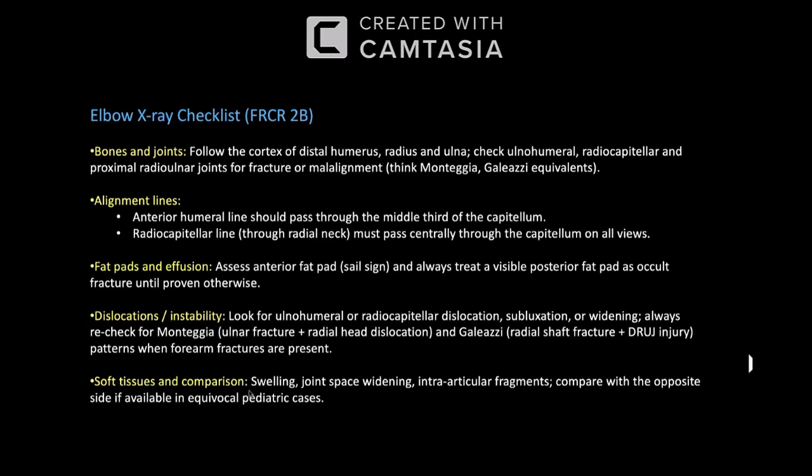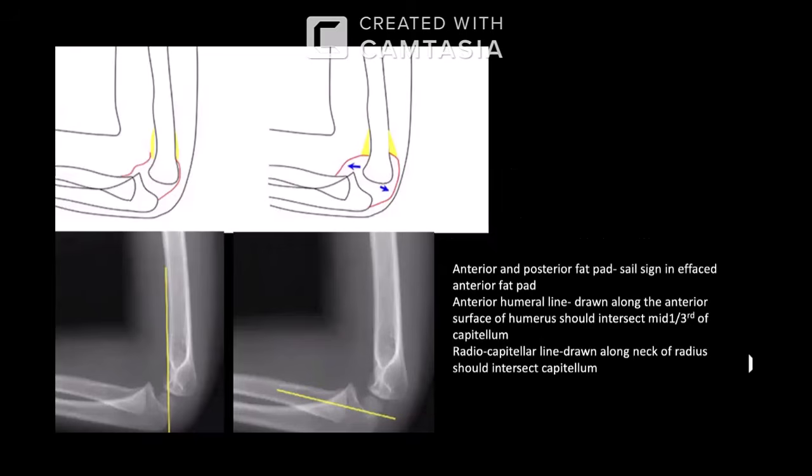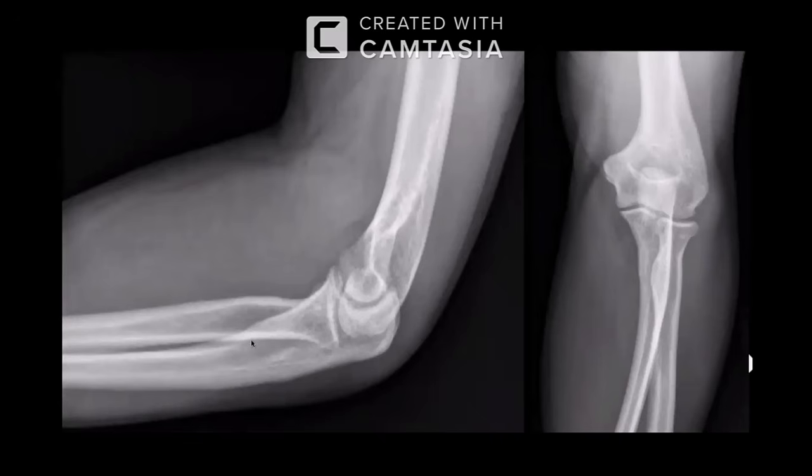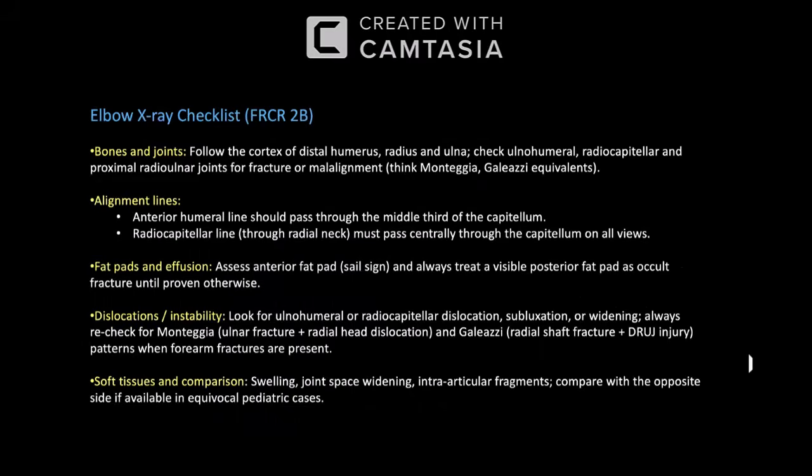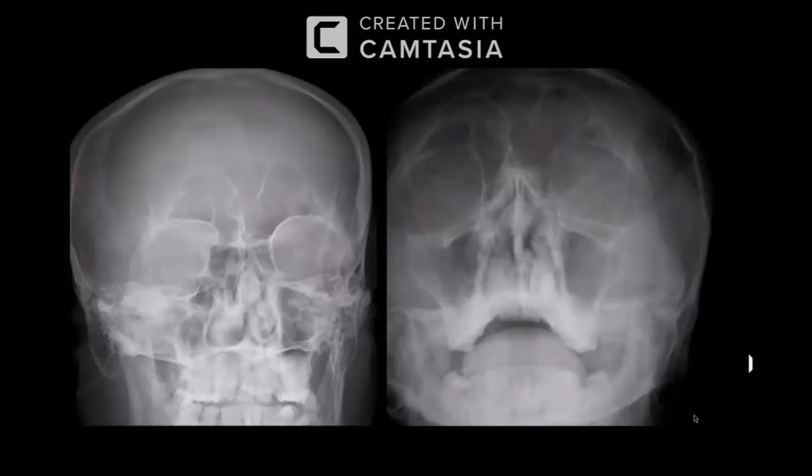Soft tissues, and you need to compare if there is any intraarticular fragments, and compare with the opposite side if you have it, or always look at the orthogonal plane, especially in cases of pediatric abnormalities. So final diagnosis in this case, minimally displaced fracture of head of radius with positive anterior fat pad sign. Okay, we'll move to the next candidate.